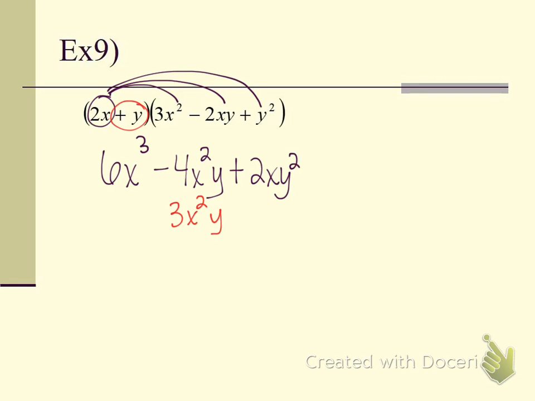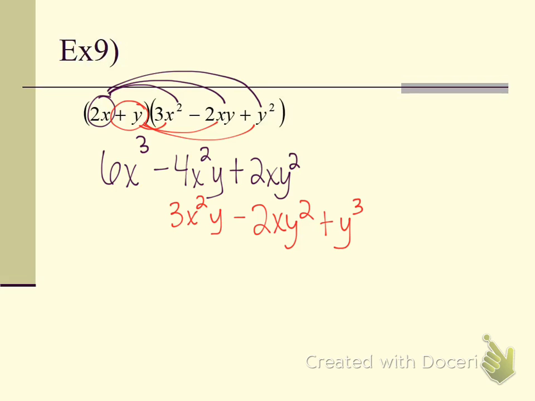Or when I multiply y times negative 2xy, this one's already kind of in alphabetical order, it is going to be negative 2xy squared. And y times y squared is y to the third power.